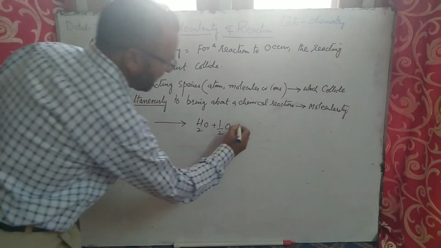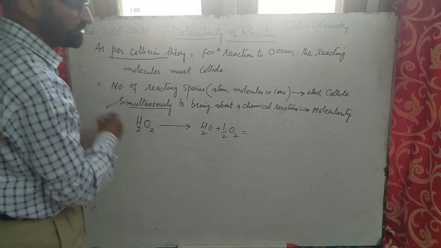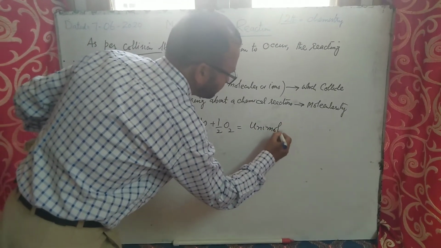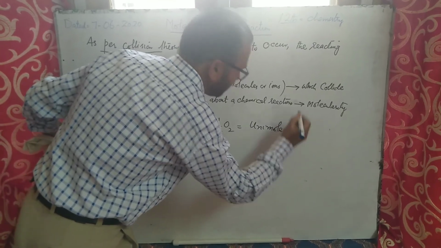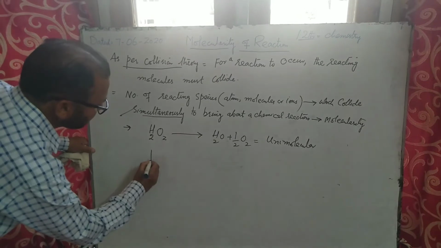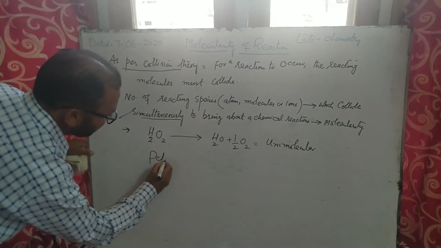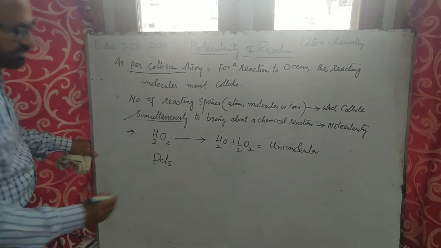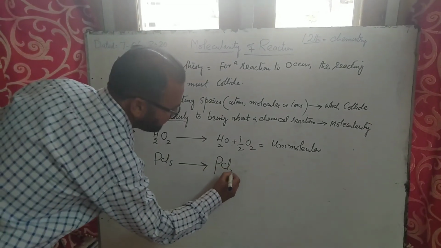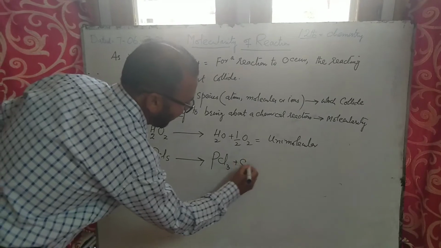So as per this definition, it is unimolecular. Second, the decomposition of phosphorus pentachloride, PCl5, gives phosphorus trichloride plus chlorine gas.